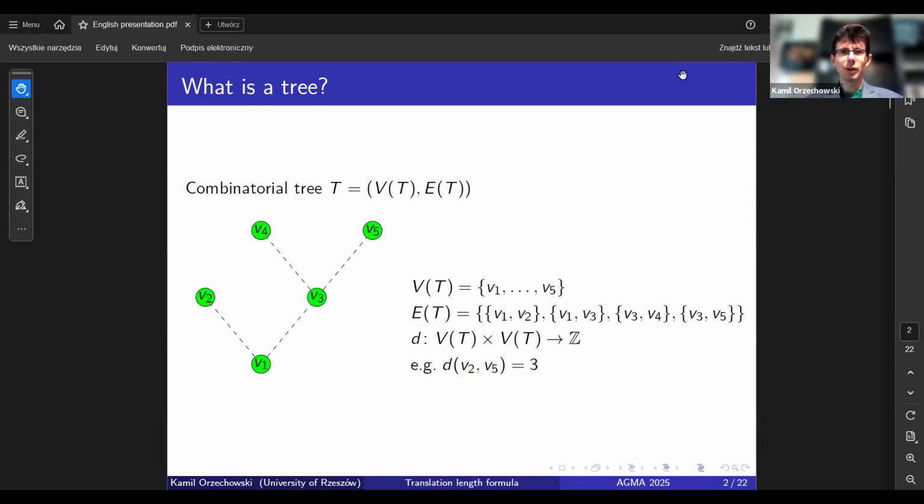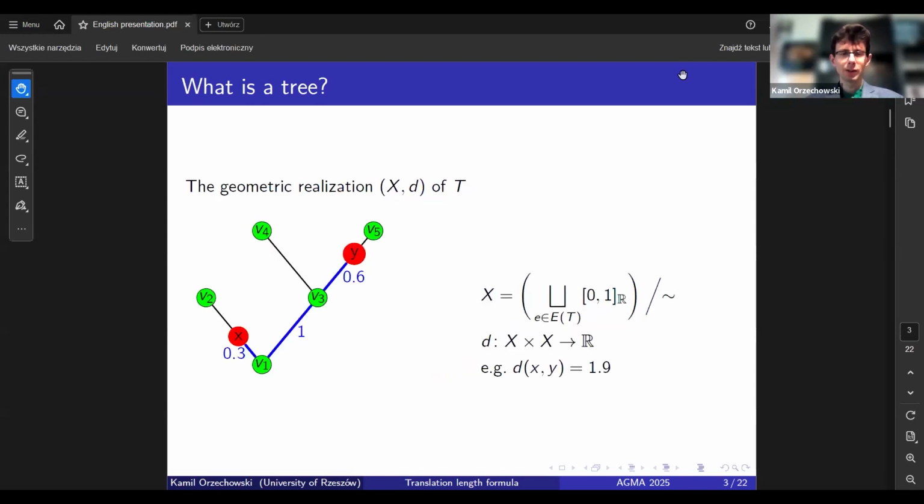When drawing a tree, we usually join vertices by segments, arcs, and thus we come to the notion of the geometric realization of a combinatorial tree. It is a metric space. Its underlying set is formally the disjoint union of a family of isometric copies of the real unit interval, one copy for each edge, with an appropriate identification of endpoints.